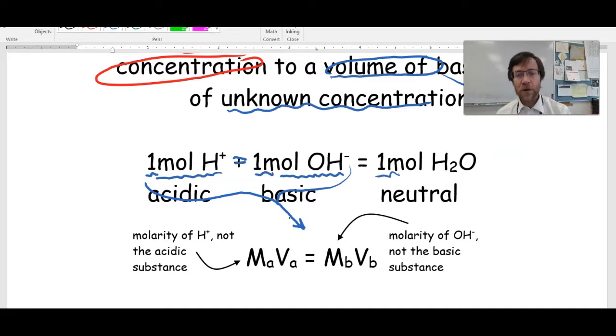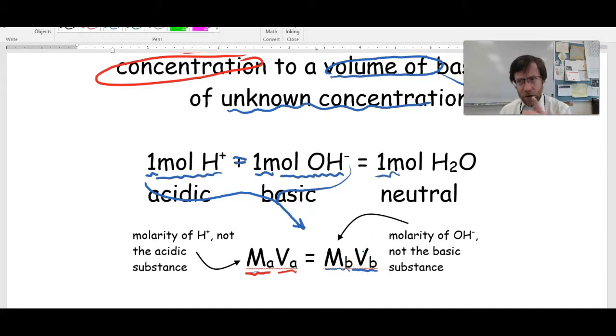This is found on the back of your reference table, and it works like this. The molarity of the hydrogen ion multiplied by the volume of that acid is equal to the molarity of the base multiplied by the volume of the base, of the hydroxide.